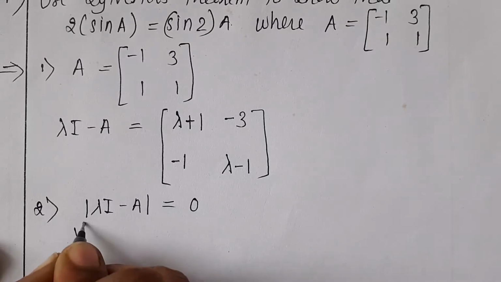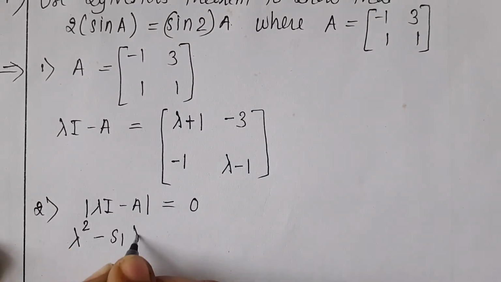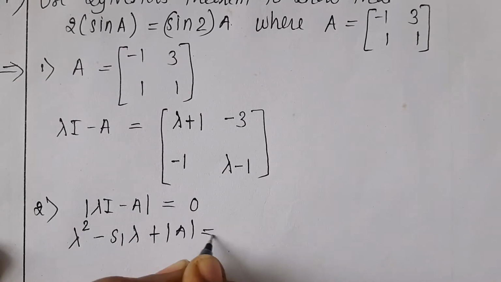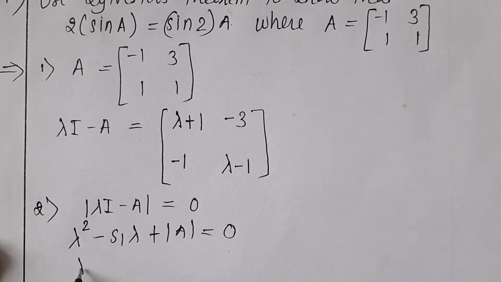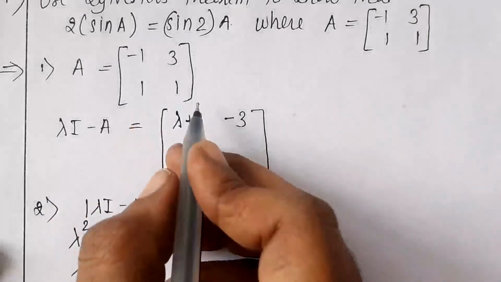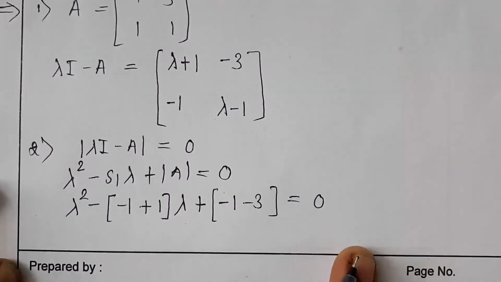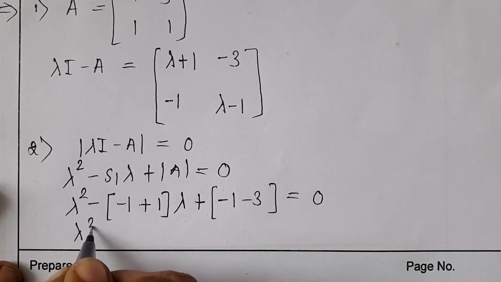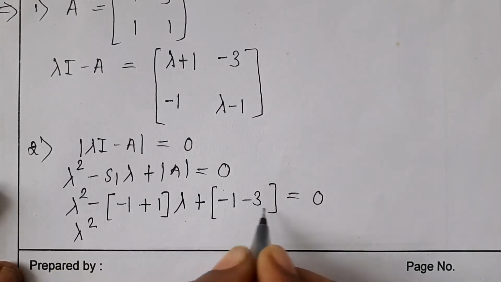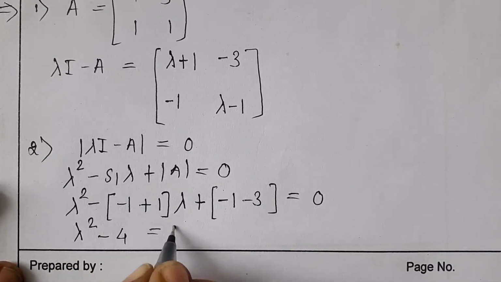For 2 cross 2 it is lambda square minus S1 lambda plus determinant of A equal to 0, where S1 is the sum of diagonal elements. So the sum of diagonal elements is minus 1 plus 1 into lambda, plus determinant of A, which is minus 1 minus 3. It is equal to 0. So this is lambda square minus 0 minus 4 equal to 0. Lambda square minus 4 equals 0.